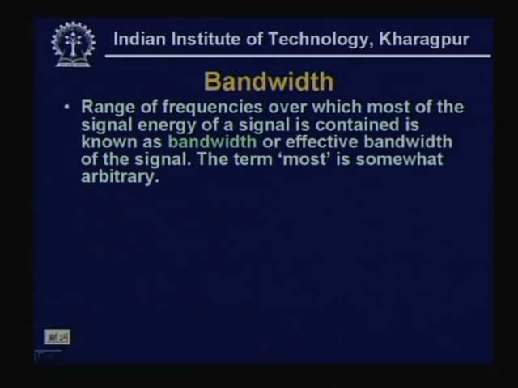That is why there is another parameter known as bandwidth, which represents the frequencies over which most of the signal energy is contained. This can be the effective bandwidth of the signal. Here, look at this term most, the range of frequencies over which most of the energy lies.